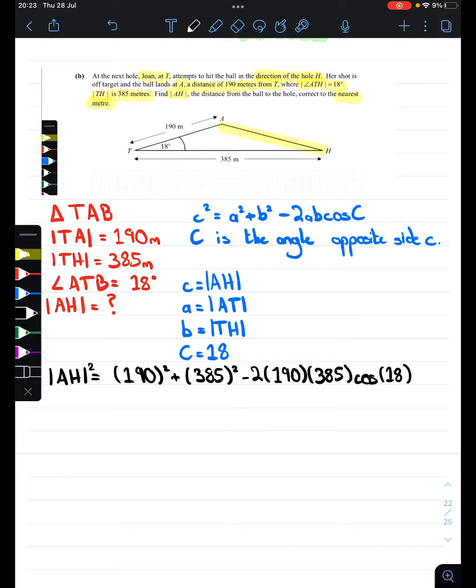And now if we solve this, we get that AH squared equals 45,185.43. Okay, so that's our distance squared. So if we square root this, we get AH equals 212.57 meters, or to the nearest meter, 213 meters.